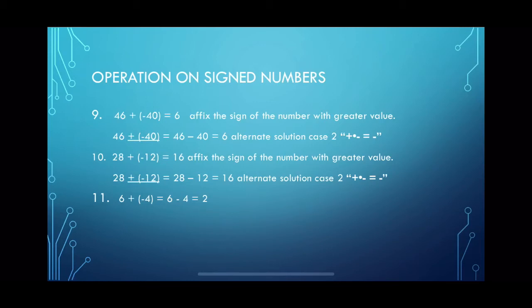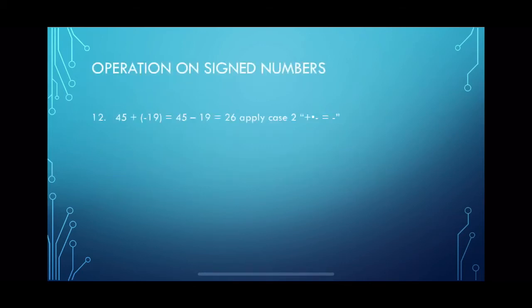So for number 11, we have 6 plus negative 4. It can also be written as 6 minus 4, which is equal to 2. For number 12, 45 plus negative 19 can also be written as 45 minus 19, which is equal to 26. For number 13, we have 32 plus negative 45, which is also written as 32 minus 45, equal to negative 13.